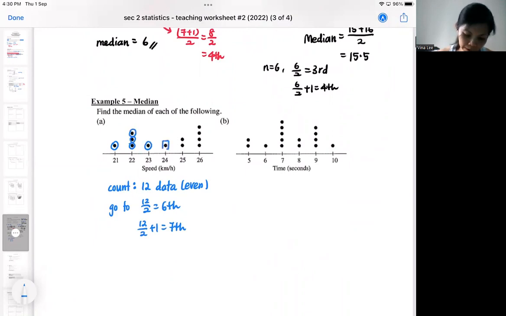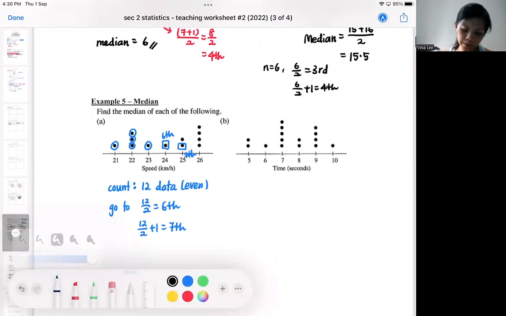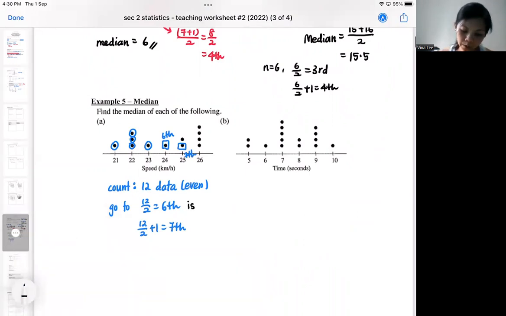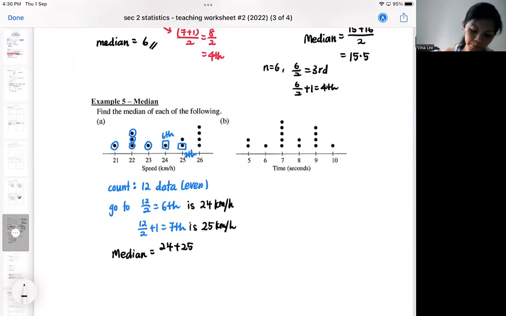This one is the 6th data, and this one is the 7th data. The 6th data is 24 kilometers per hour. The 7th data is 25 kilometers per hour. So the median will be the average. So you will get 24.5 kilometers per hour.